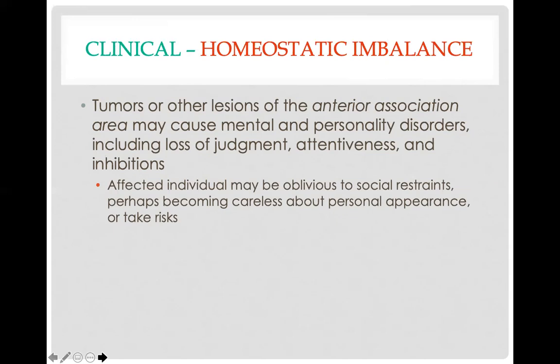And she had an accident with her bike where she hit her head. And not long after her accident, she underwent a significant personality change. She suffered from depression and eventually committed suicide. So these behavior changes are significantly influenced by the prefrontal lobe, which is your anterior association area.